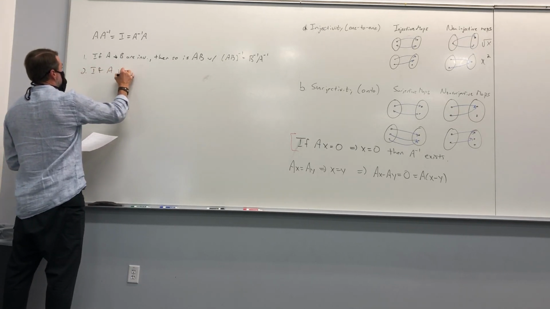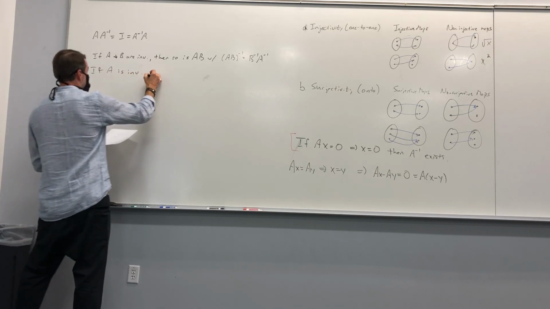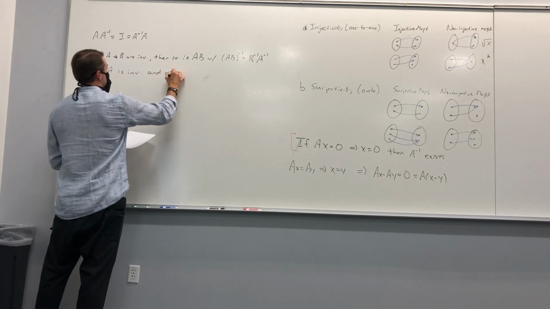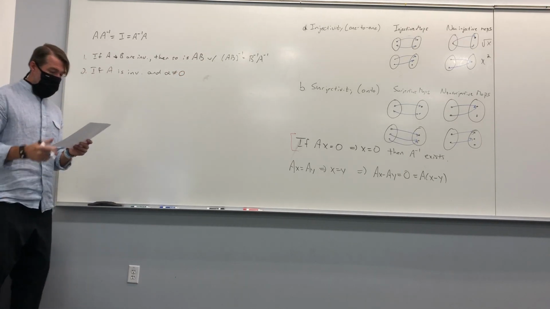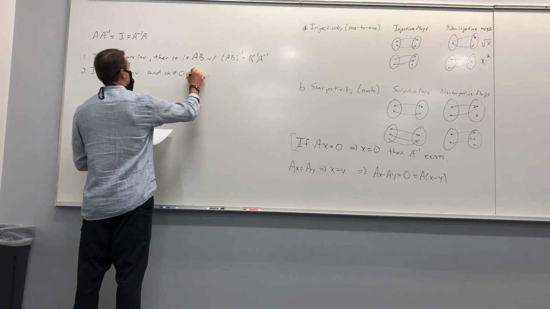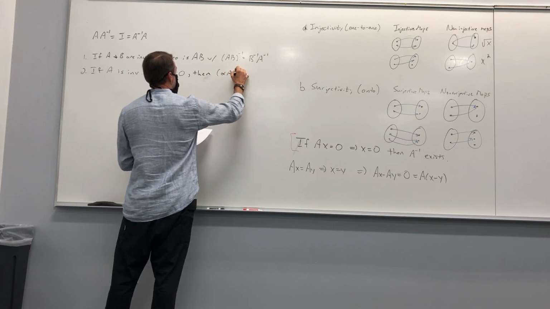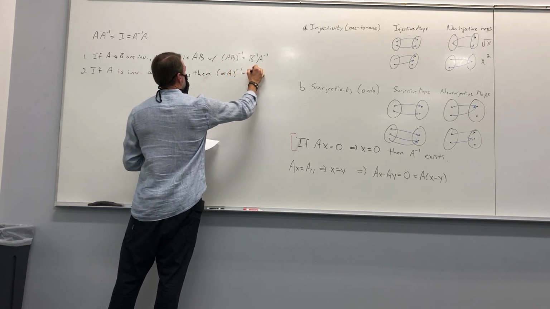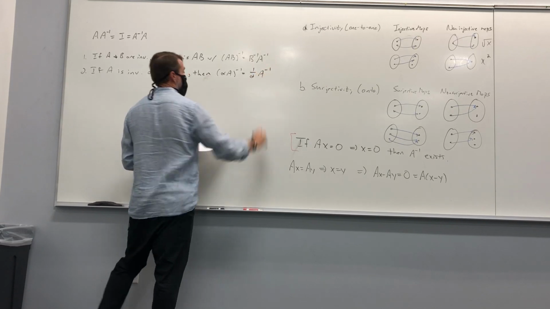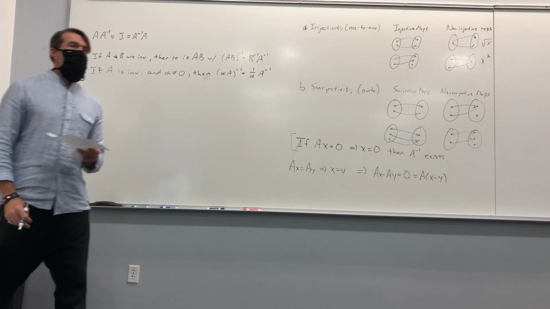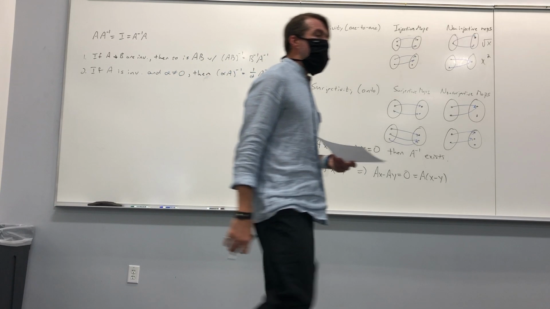If A is invertible and alpha does not equal 0, where alpha is just a number, real or complex, then the inverse of alpha A is 1 over alpha times A inverse. That is, numbers just go for that multiplicative inverse ride.